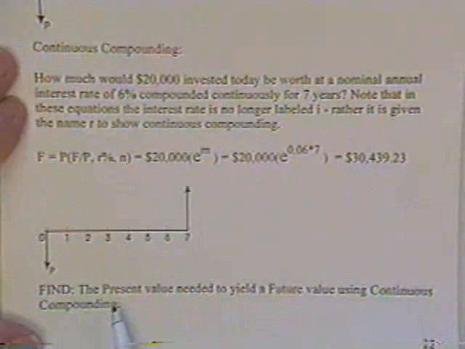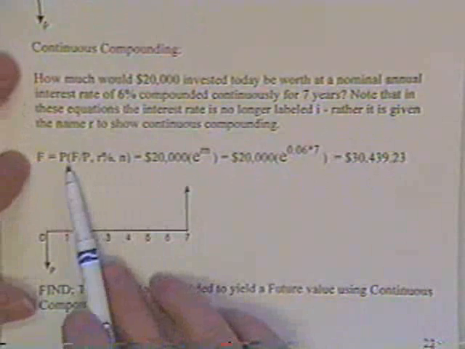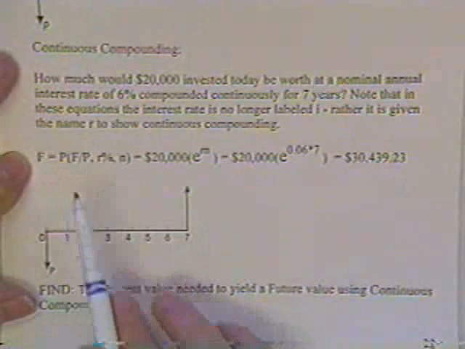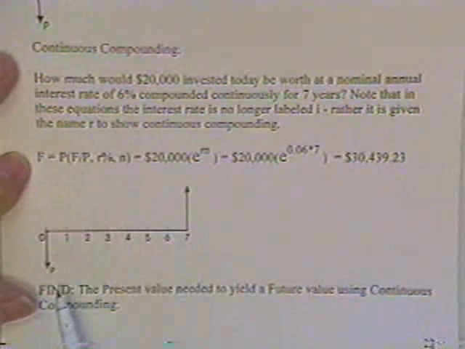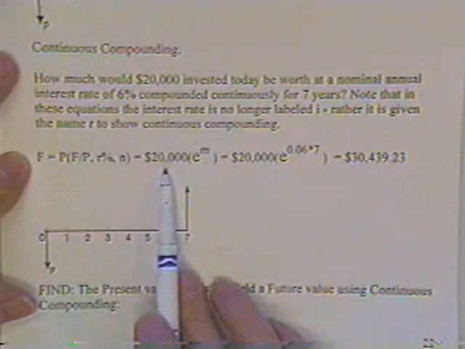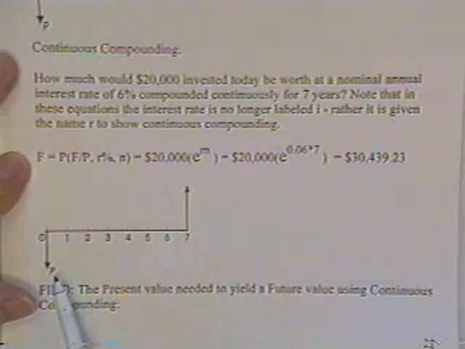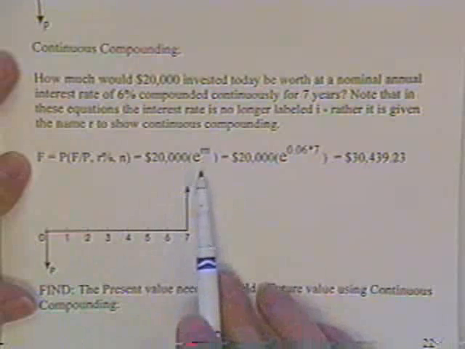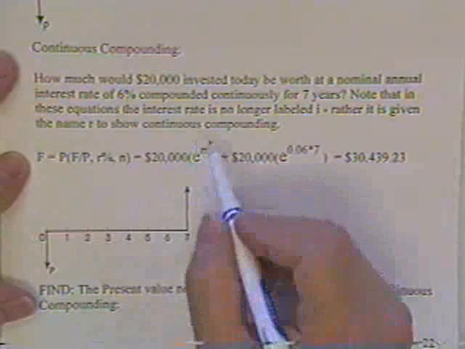So you've been asked to find the future value of that cash flow. You were told you would invest $20,000 right now. It collects this kind of interest, e to the Rn.